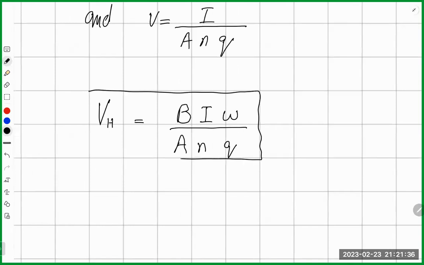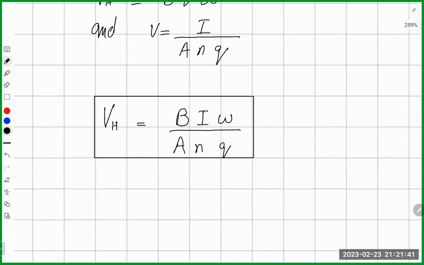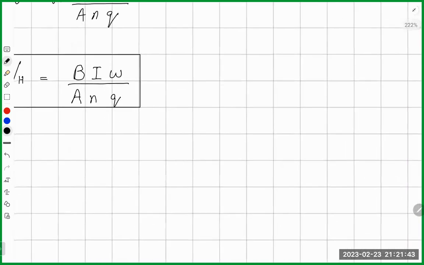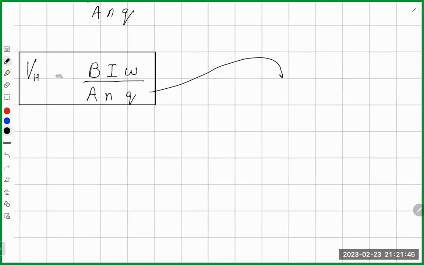So there we go. This is the formula. But I need a formula that does not have a W in it. I know area equals WT.